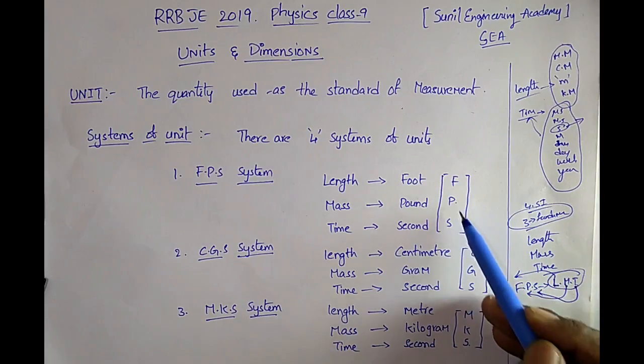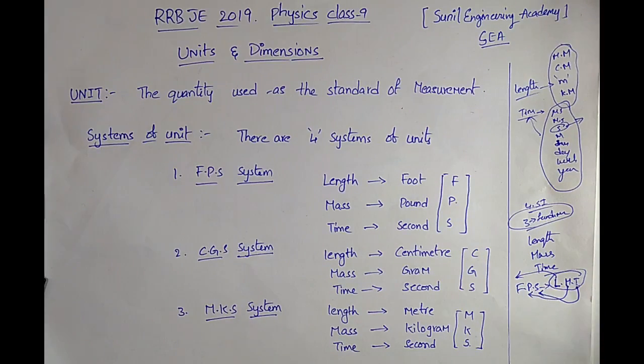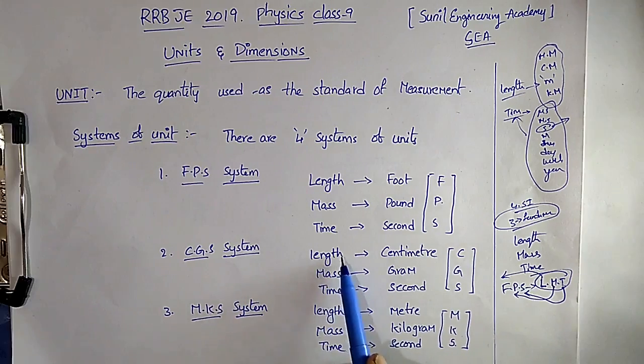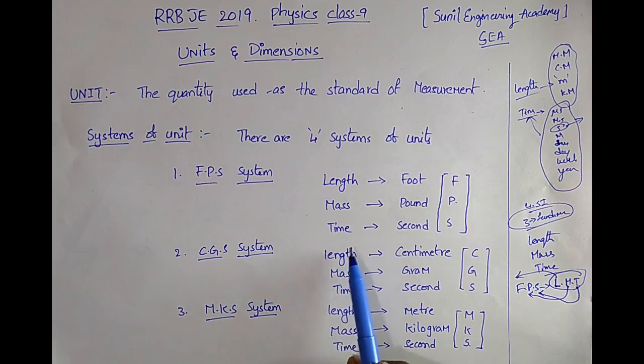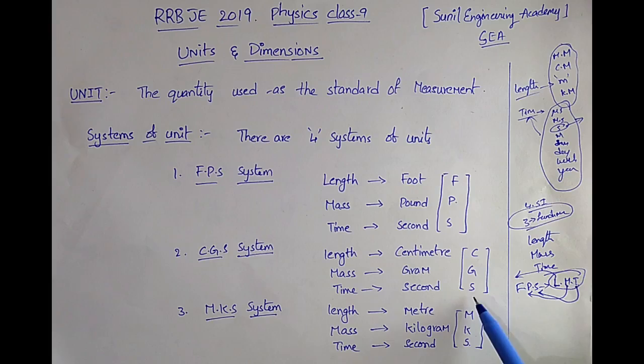In the case of the CGS system, for length it is centimeters, for mass it is grams, for time it is seconds. So the units of length, mass and time are centimeter, gram and second respectively, that is CGS.